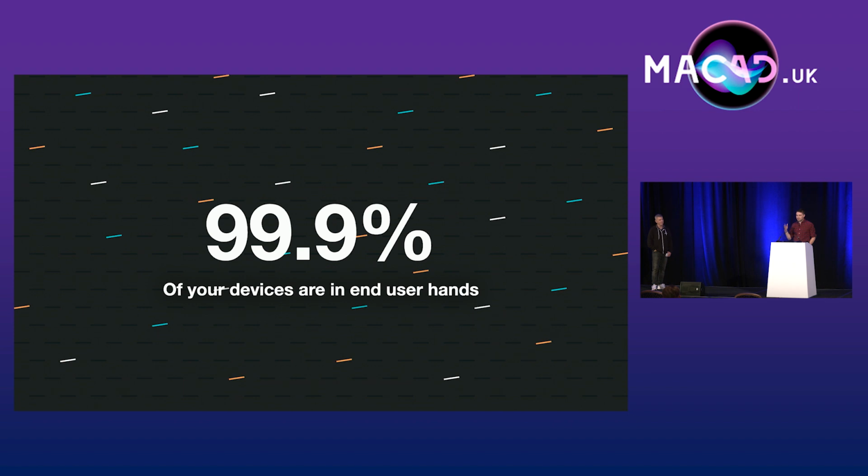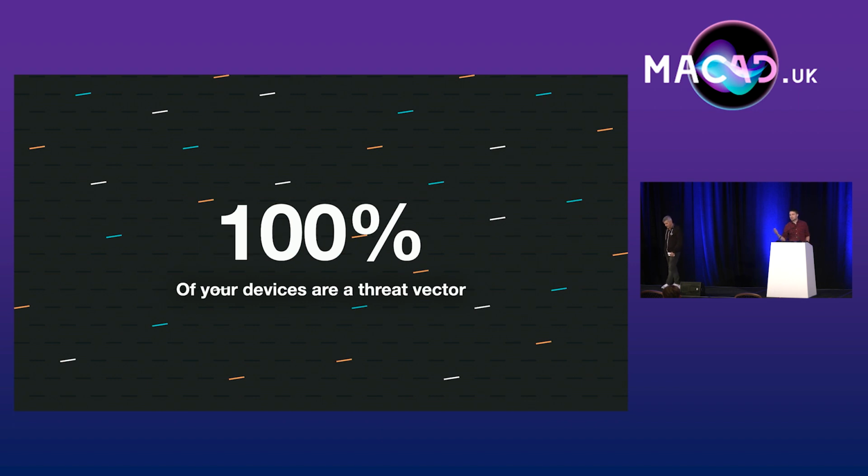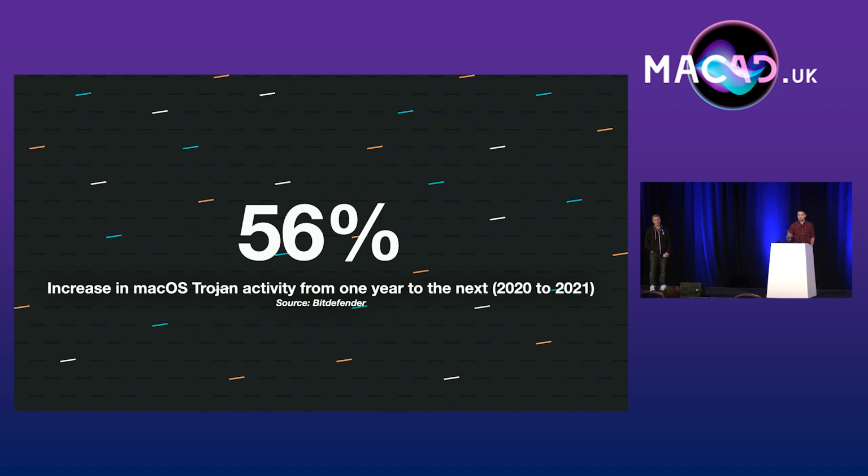So I know this is kind of a joke fact. 99% of the devices that you have in your estate aren't yours, because yours is in your hands and the rest are out of your hands. And 100% of those could be a threat vector because you don't have control over it. And there was a 56% increase in Trojan activity from 2020 to 2021, according to Bitdefender. I don't put that up there as a scare tactic, but just to show that these devices are becoming more popular, as they should be.